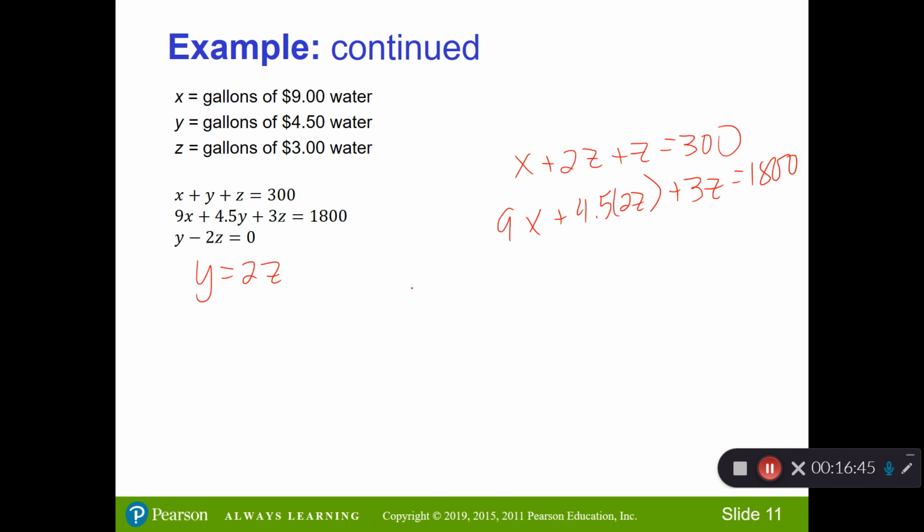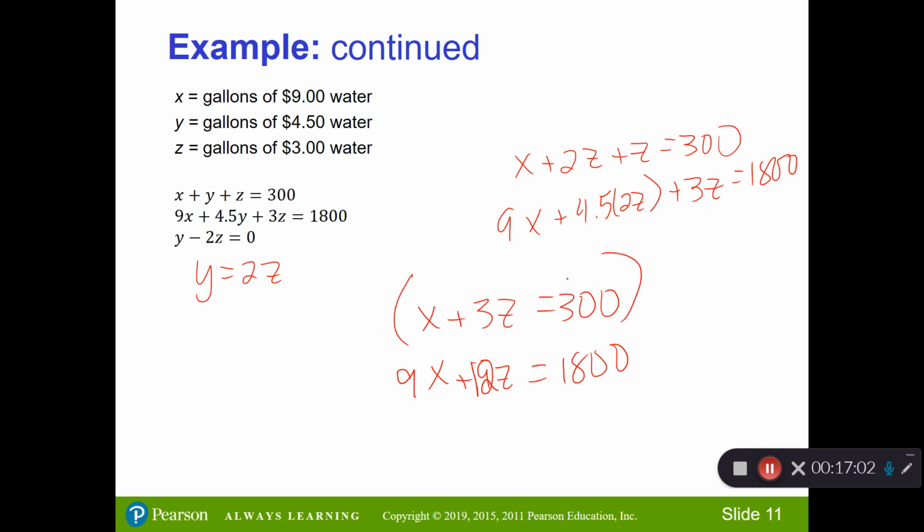Rewriting those, we have x plus 3z equals 300 and 9x plus 9z plus 3 more z, so plus 12z equals 1800. So if I multiply this by negative 9 and add them together, I'm going to have 0x, negative 27 plus 12 is negative 15z equals negative 2700, that's negative 900.